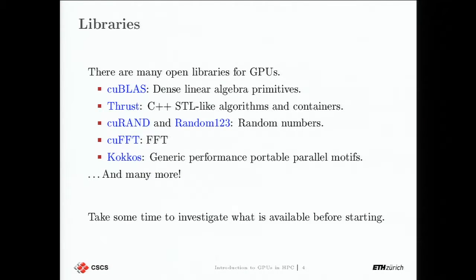It has a CUDA backend and a multi-core backend, and it will rearrange data differently depending on which backend you use. It might be all that you need. So before you start hacking, take some time to find out what libraries are available. There are lots of libraries, and because GPU computing is really taking off now, lots more become available every week.